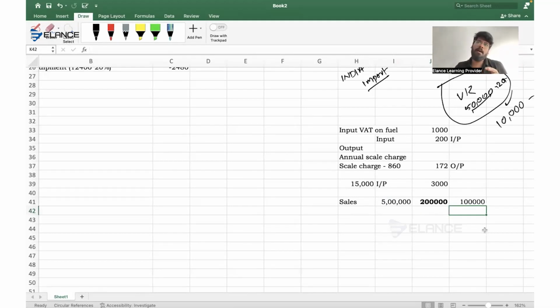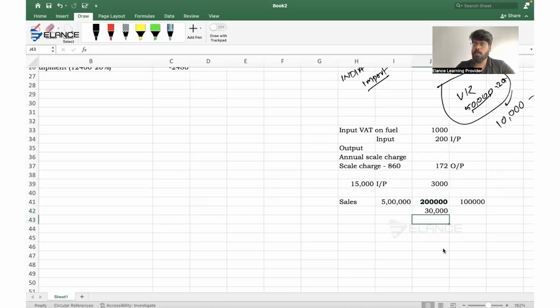Okay. And after this quarter, out of this 200,000, I was not able to encash the whole 200,000. The total receivables of 200,000, I was not able to collect. Actually, from this 200,000, there was some irrecoverable debt of 30,000.